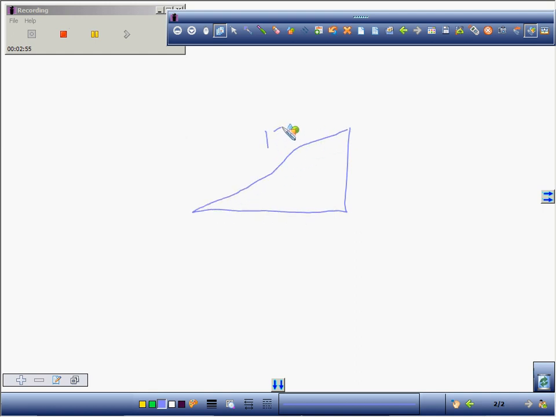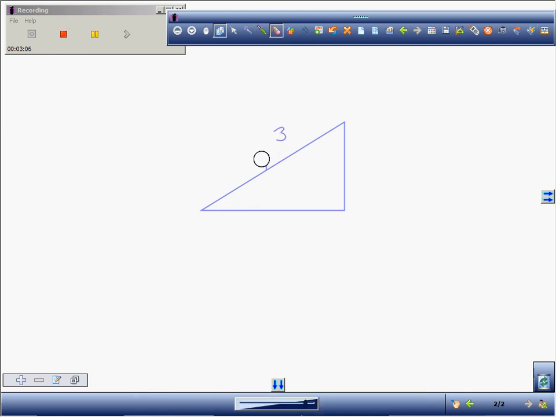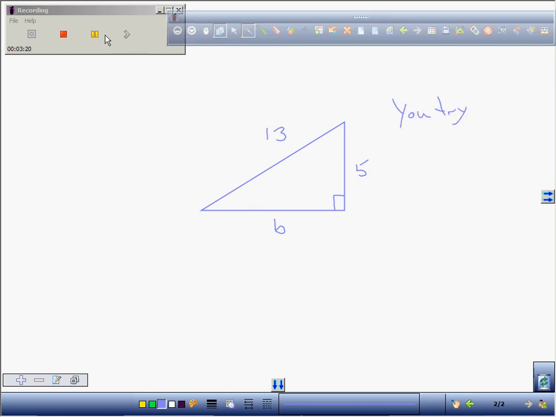Say this side is 13, and this side is 5. And I say, fine, we'll call this side B. Go ahead, you try.